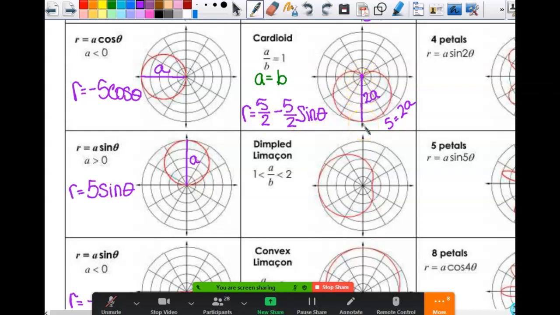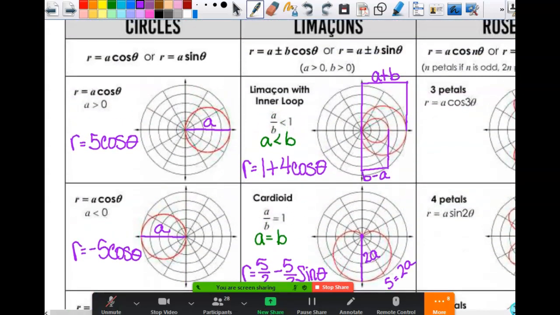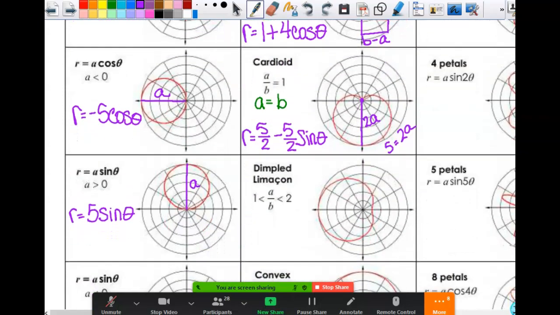So this is the generic thing, and then this is the one that's specific for this cardioid. How I got 5? I counted. Does that help? Ask me something else again, or ask it differently if I'm missing something.